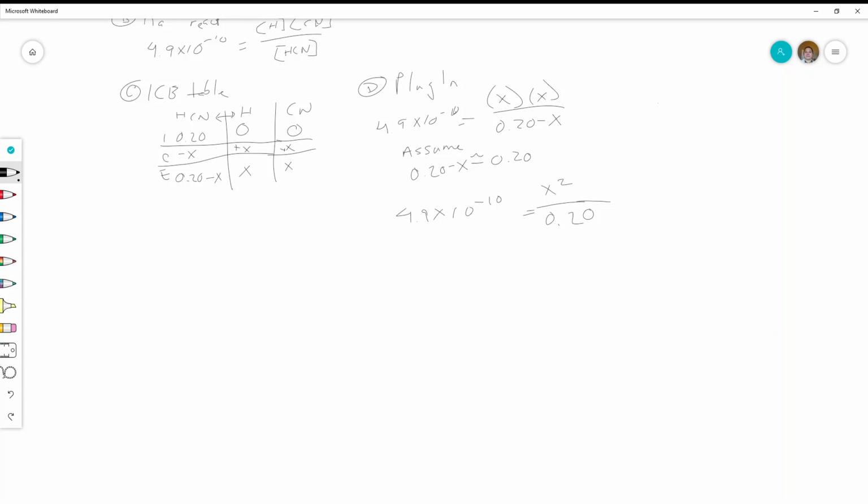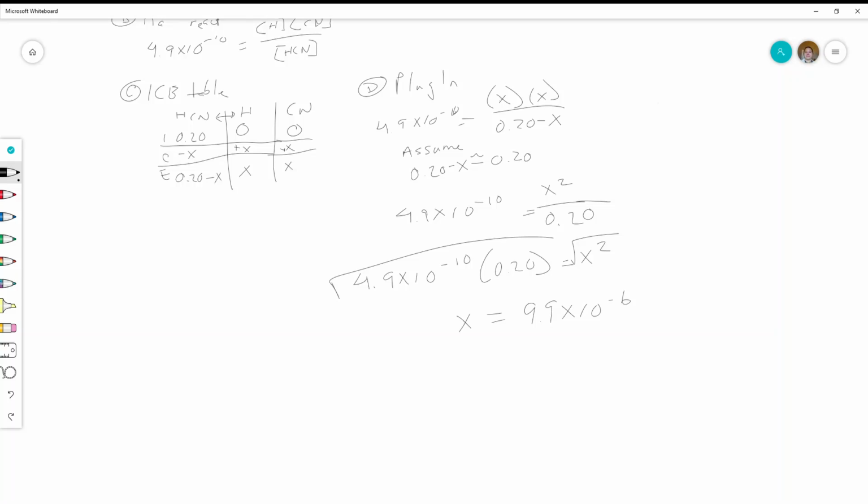So if we solve for x, we have 4.9 times 10 to the negative 10 times 0.20 equals x squared. I'm going to take the square root of each of those. So your x value, when you're done calculating, should equate to 9.9 times 10 to the negative 6.